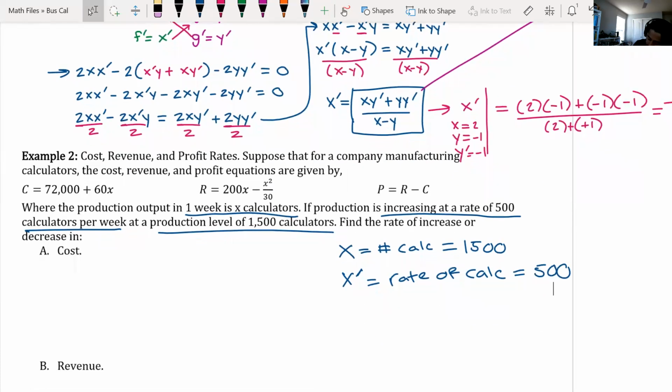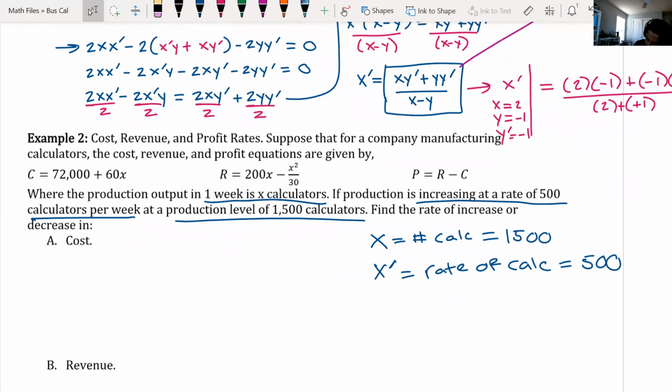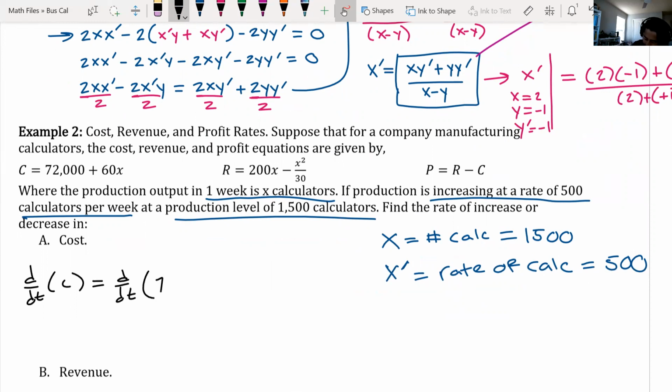So for A, that's where we're going to start. I'll keep that right there. So we're going to say d over dt of C is equal to d over dt of 72,000 plus 60x.